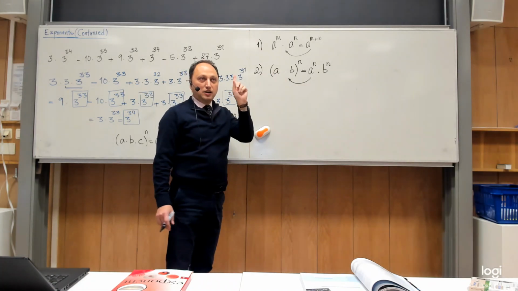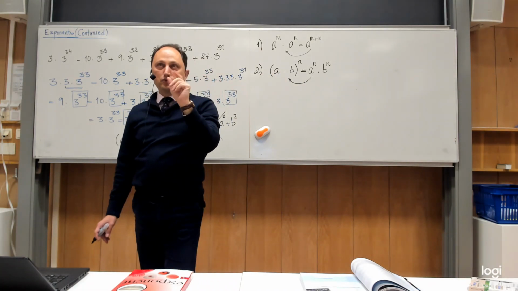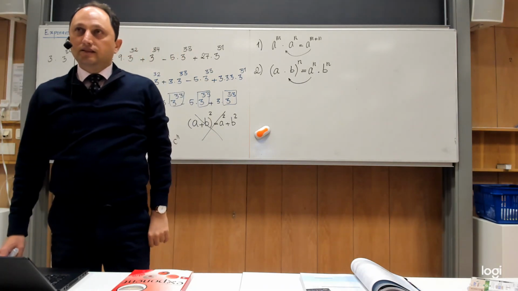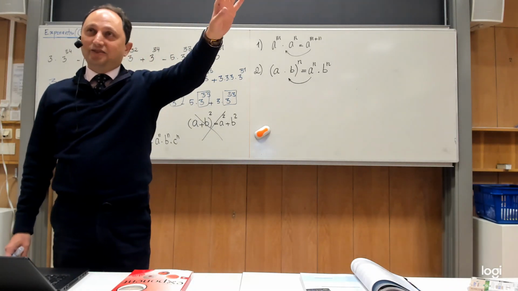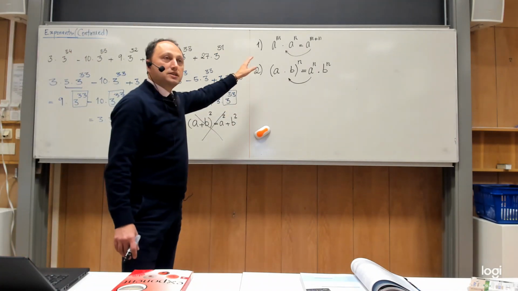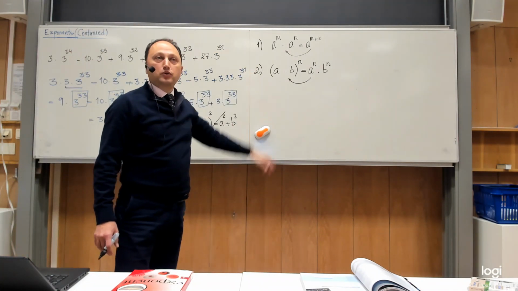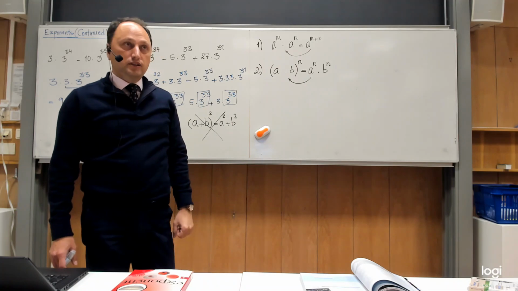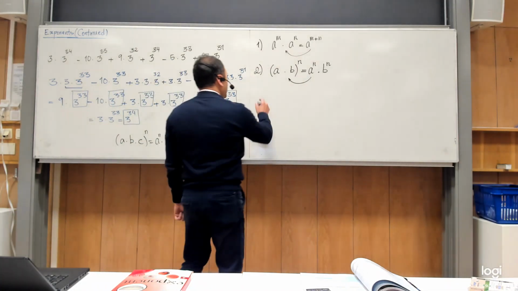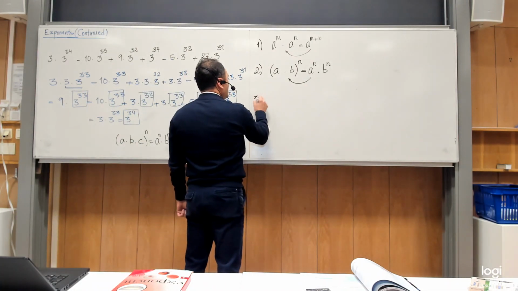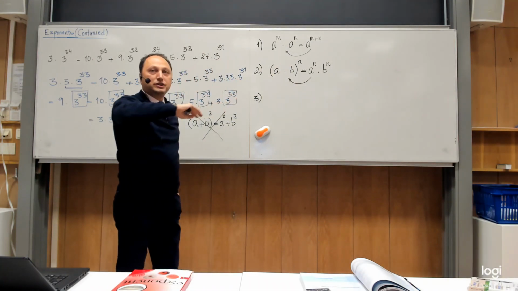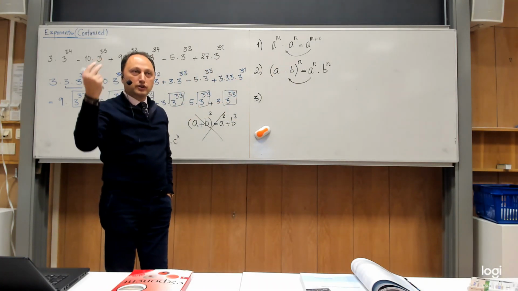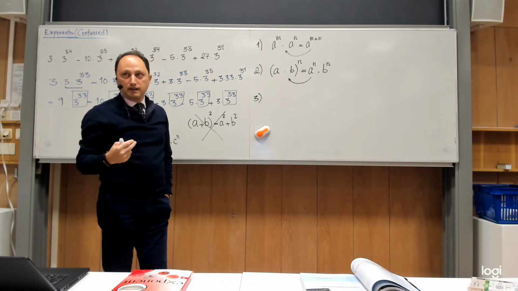There is another operation for which there is a rule, yes? Division. How many of you can remember the rule of exponents for division? There are two rules for division as well.